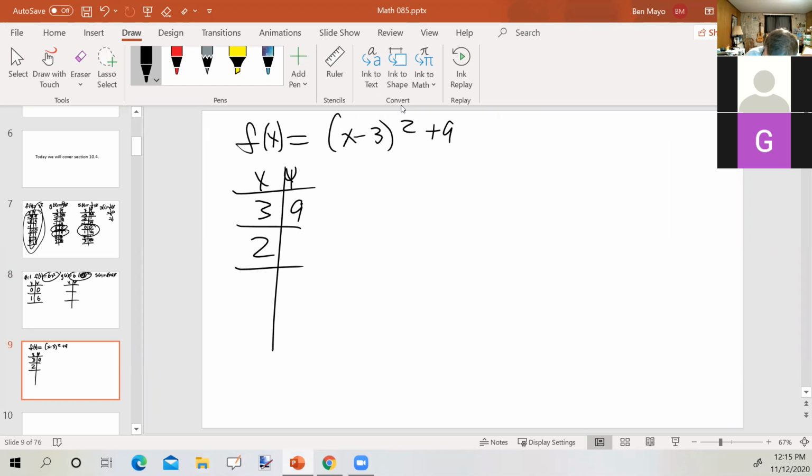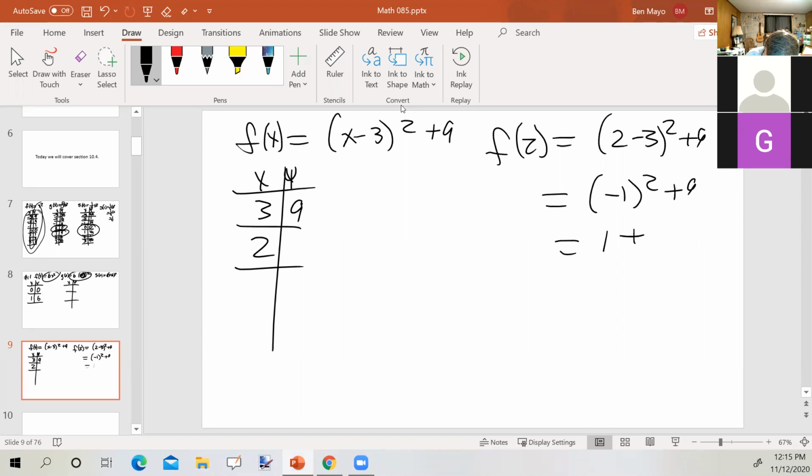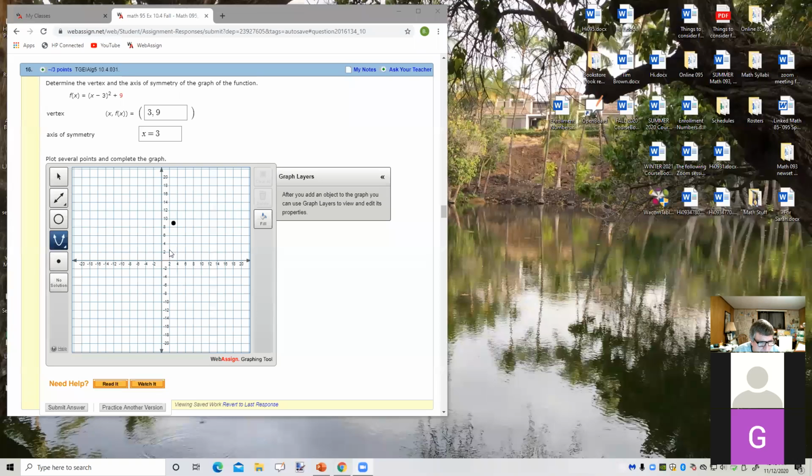Okay. f of 2 is the quantity 2 minus 3 squared plus 9, which is the quantity negative 1 squared plus 9, which is 1 plus 9, which is 10. So my second point is going to be (2, 10). All right? And there we go.